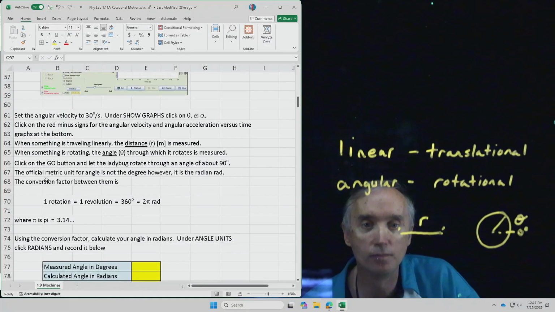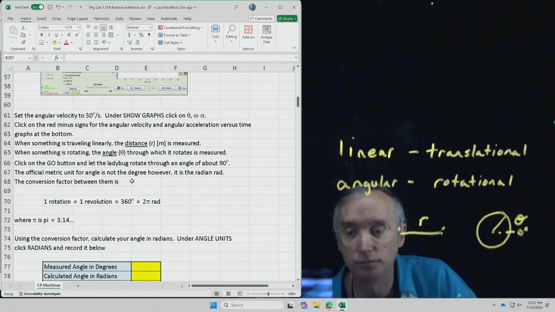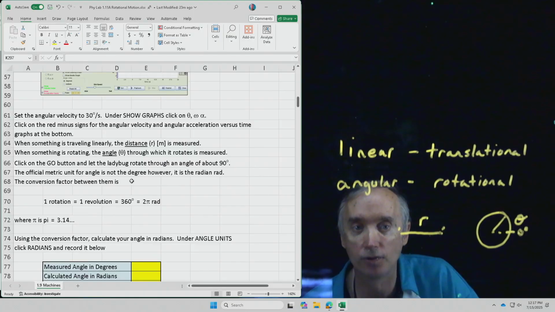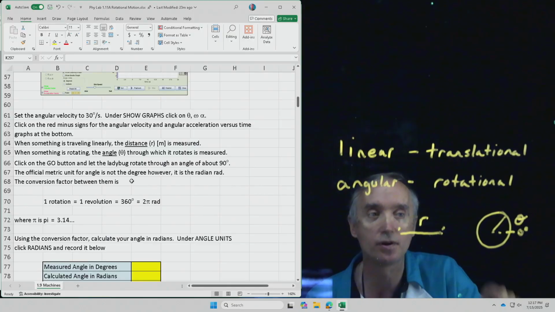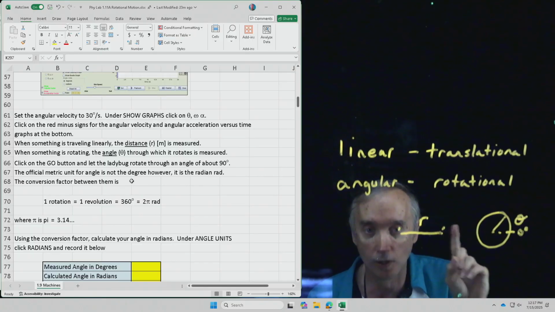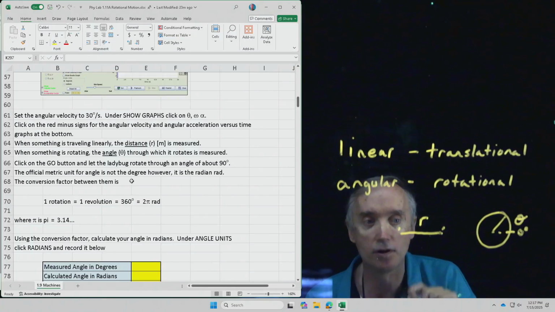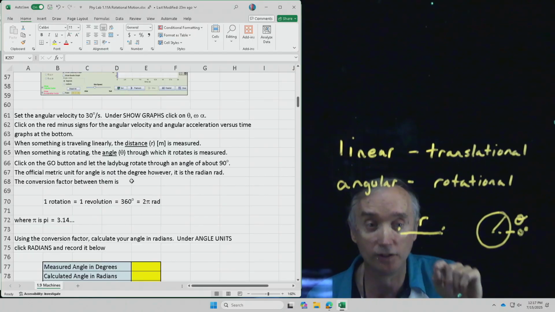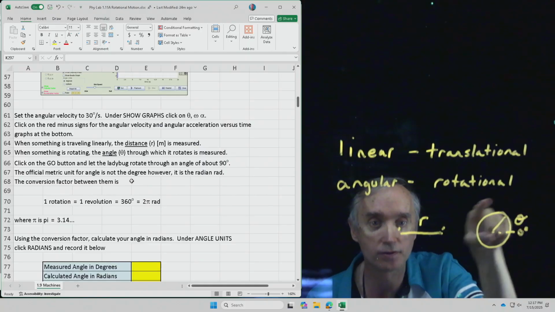The official metric unit for angles is not the degree. It's something called the radian. And so if you go around in a complete circle, that's called 1 rotation. It's also called 1 revolution if you go around in a complete circle.